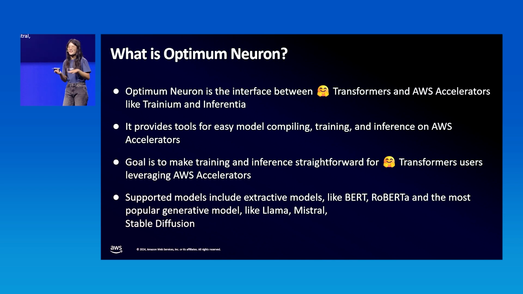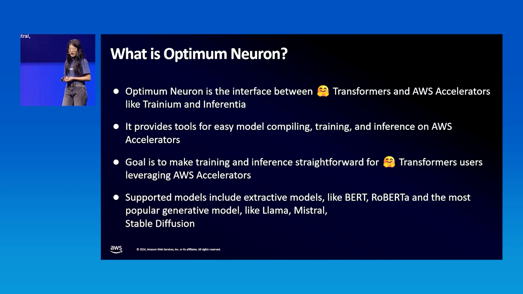So I saw many of you have already experienced Hugging Face. If you are already a Transformers user, Diffusers user, or Accelerate user, I would say you are already an experienced user of Optimum Neuron. Because when we designed the APIs in Optimum Neuron, we always tried to make them as similar as possible to the APIs that we already have in other Hugging Face libraries.